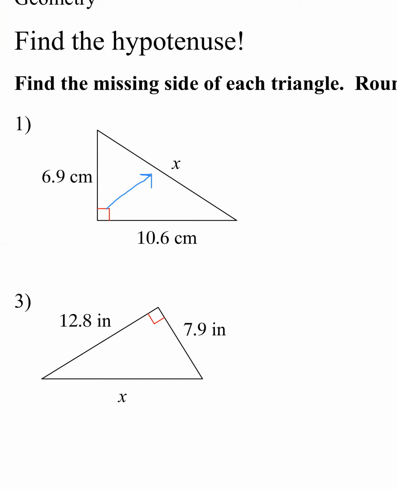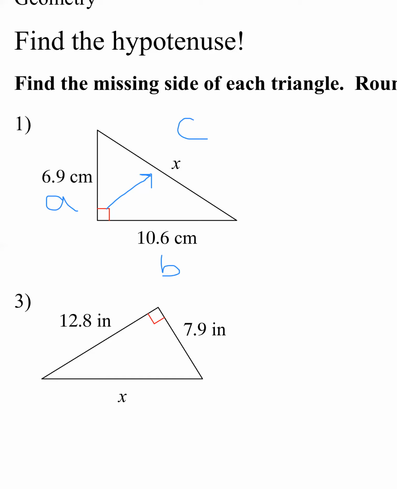It's always the longest side of the triangle, and that one always gets represented by the letter C. The other two sides, it actually doesn't matter who you call A and who you call B. You can interchange them because I'm just adding them together. It doesn't matter if I do 2 plus 3 or 3 plus 2. It's C that's important. C has to be the hypotenuse every single time.